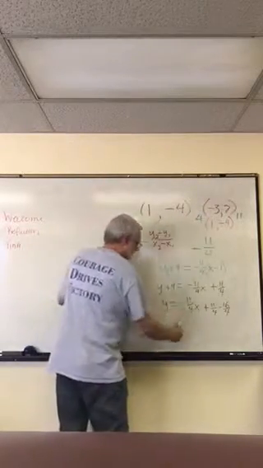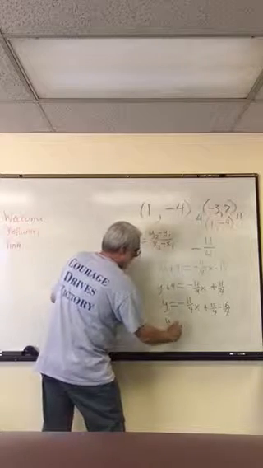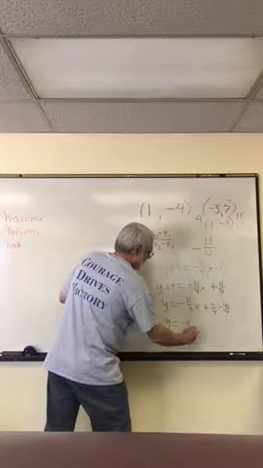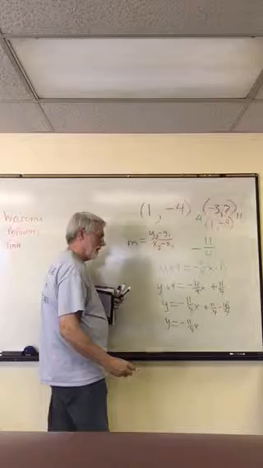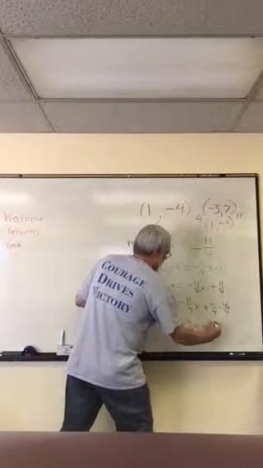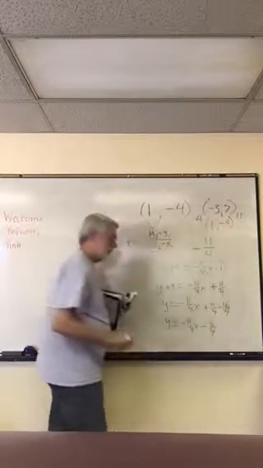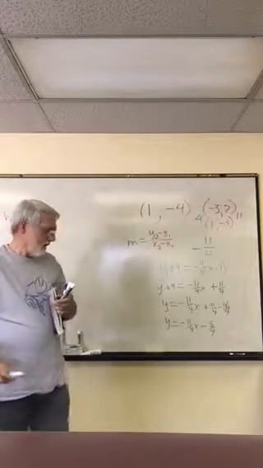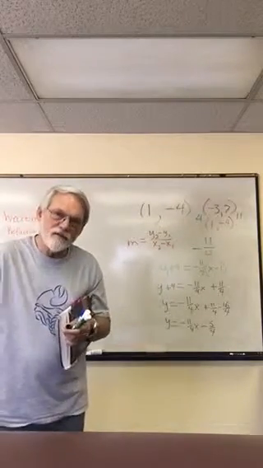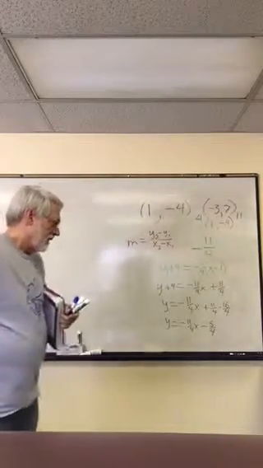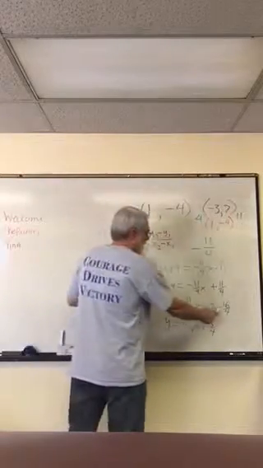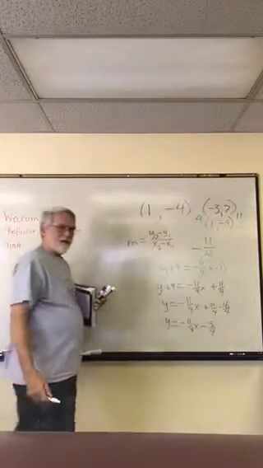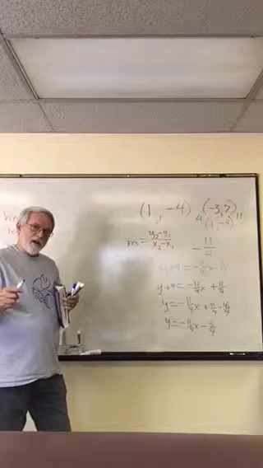So I get the final answer, y equals -11/4 x minus 5/4. That is 11 minus 16. That's -5.